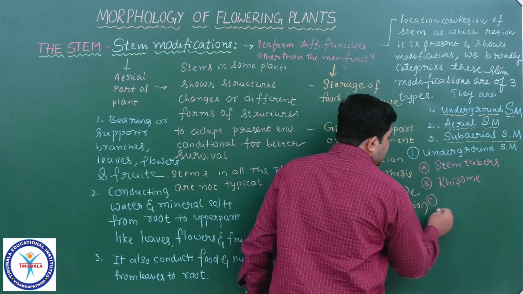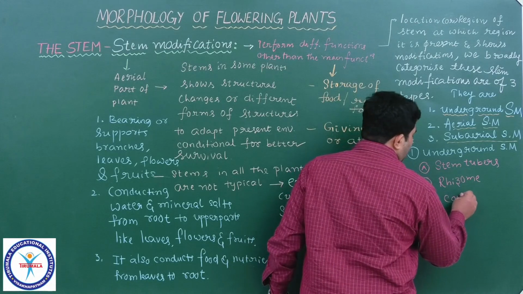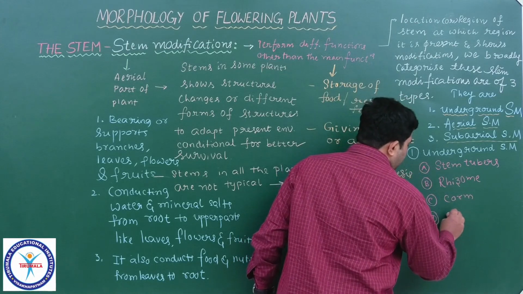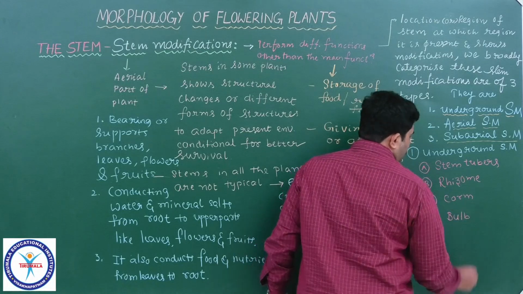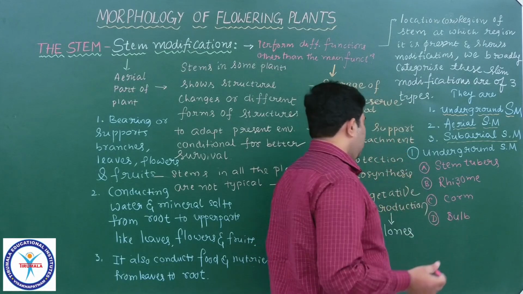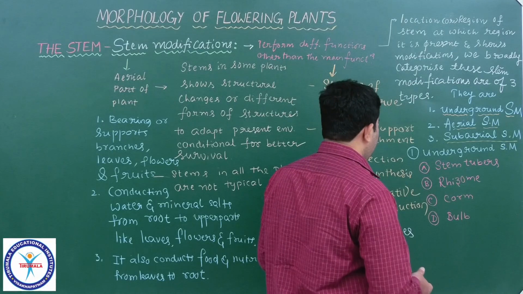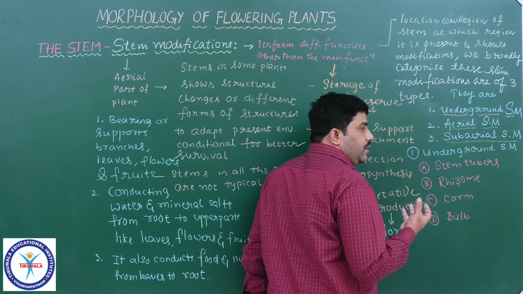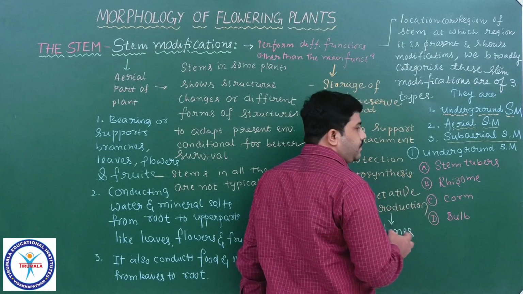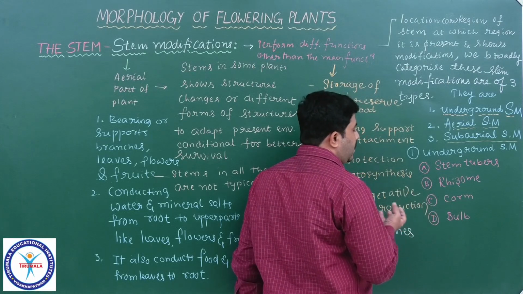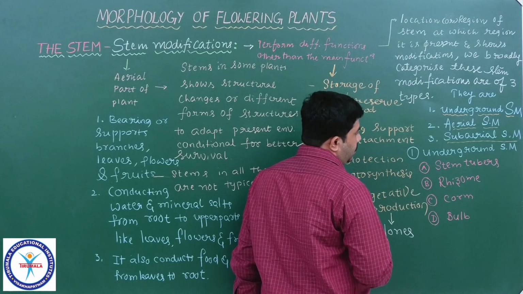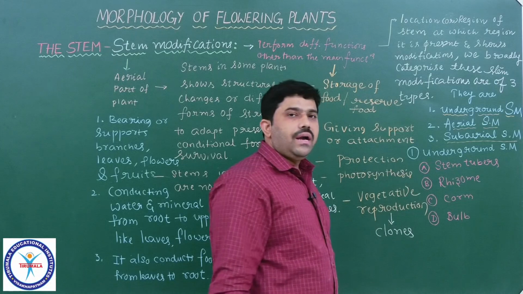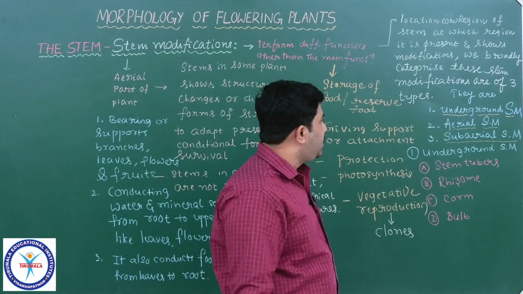The third one is corm. The fourth one is bulb. Bulb here does not mean the physical device we see. Here bulb is a modified structure which we see in the stem. It appears as a swollen part like a bulb. Understood? So all these are the four different types of underground stem modifications we see, students.